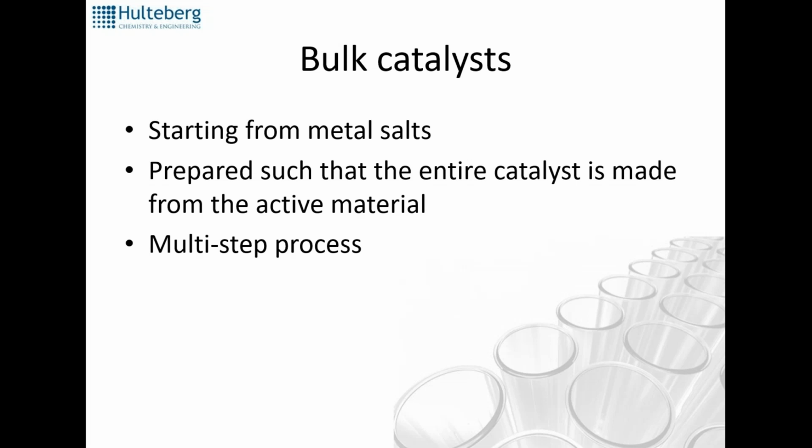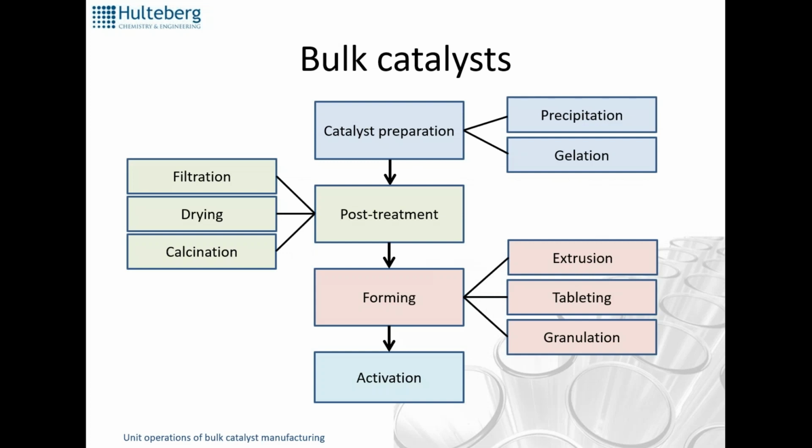And irrespective if it's a bulk or an impregnated catalyst, the preparation is a multi-step process, and it can be easily broken down into these steps. First, we make the actual catalyst. So here we mix salts, and we stir and we change pH, and we form either a precipitation or a gel.